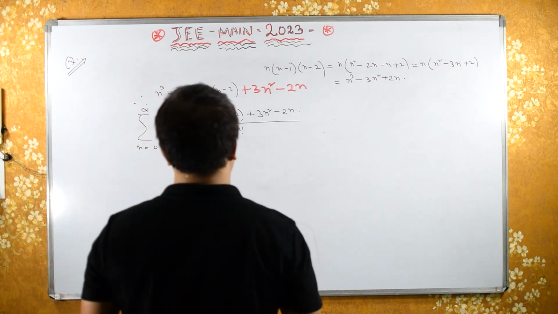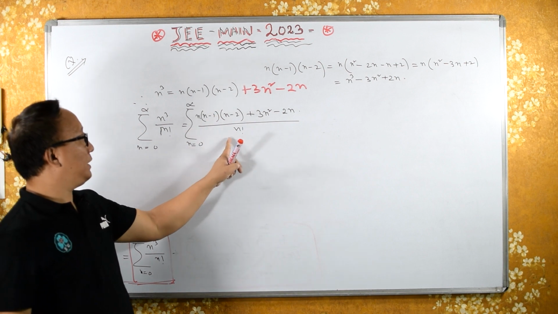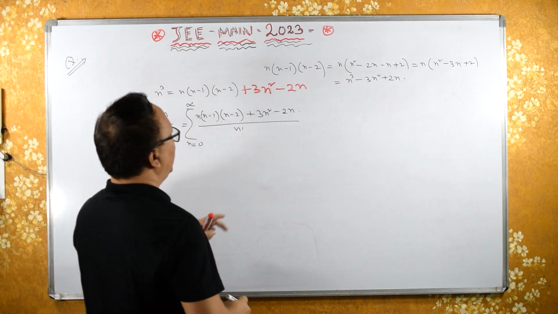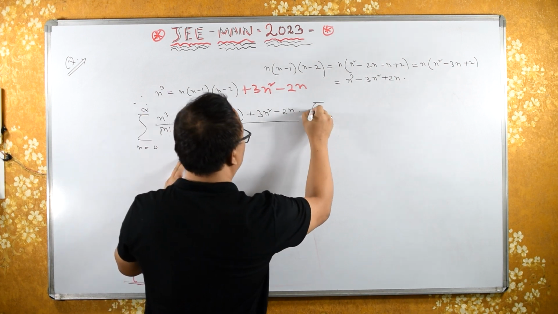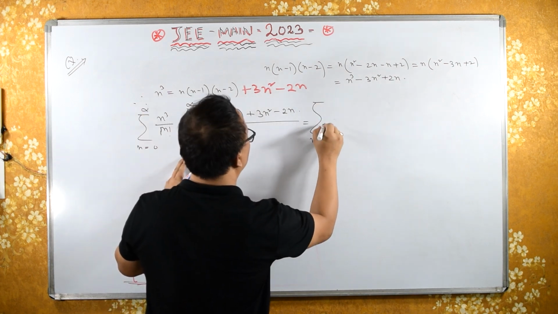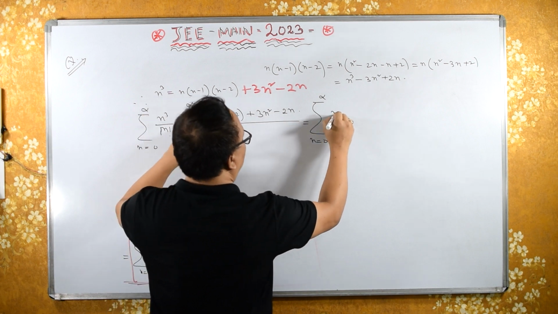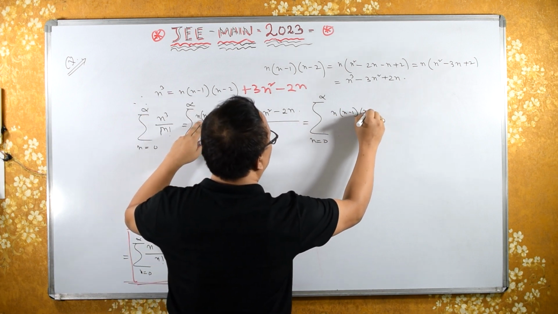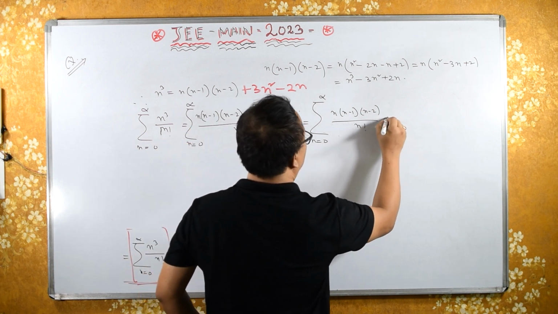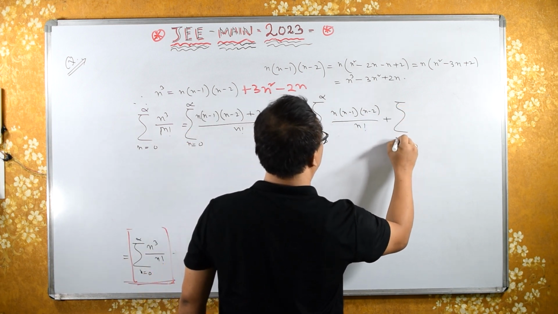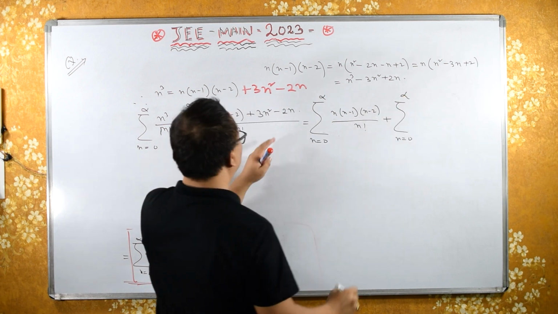Now I can divide this upon this and this upon this. Let's separate first. It equals summation n goes from 0 to infinity, n into n minus 1 into n minus 2 upon n factorial plus summation n goes from 0 to infinity.